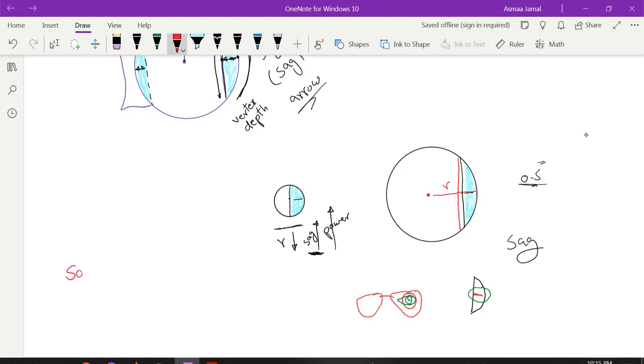Sag equals radius of curvature minus square root of radius of curvature squared minus diameter divided by 2 squared. Our radius of curvature, this one here, and the diameter, which is here.